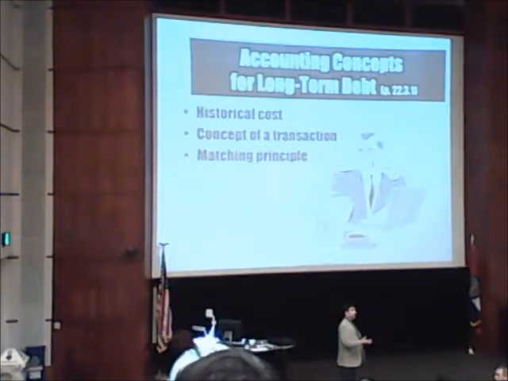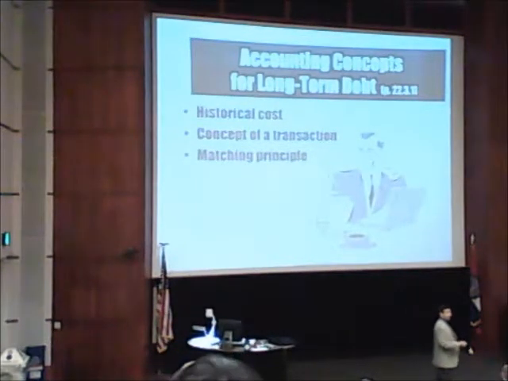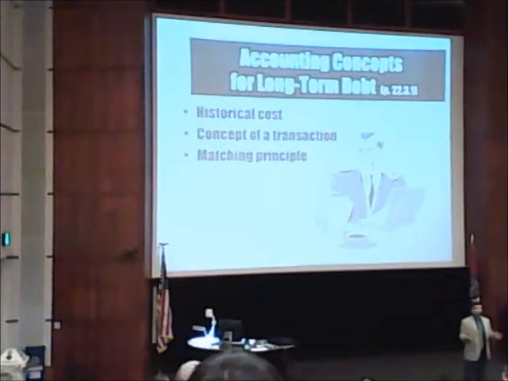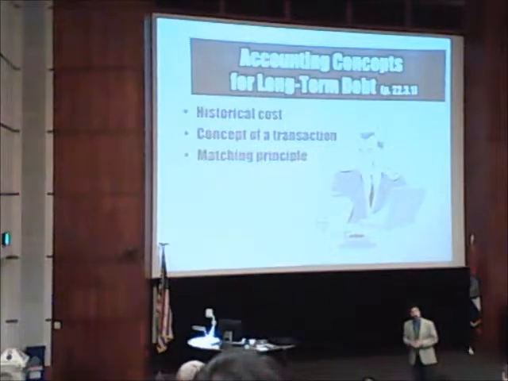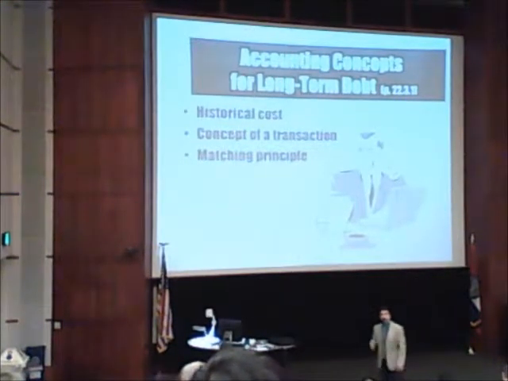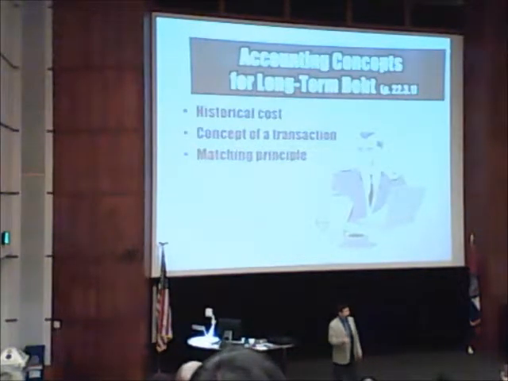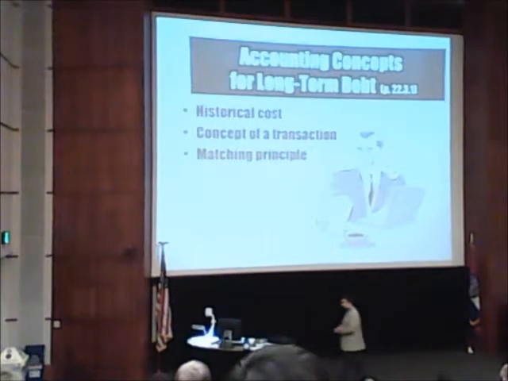You've got the ability to take on debt. Companies also have lines of credit. They might go to a bank and ask for the ability to borrow $10 million if necessary. But if they never access the line of credit, they don't have debt. So we've got to have a transaction that actually incurs debt before any debt shows up on the balance sheet.